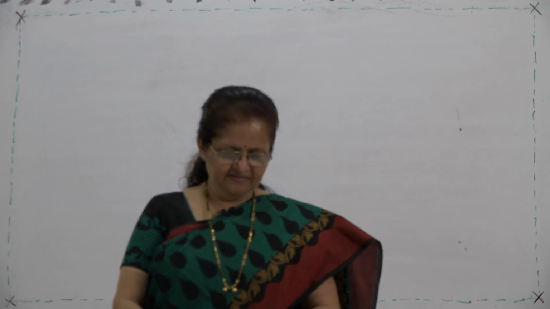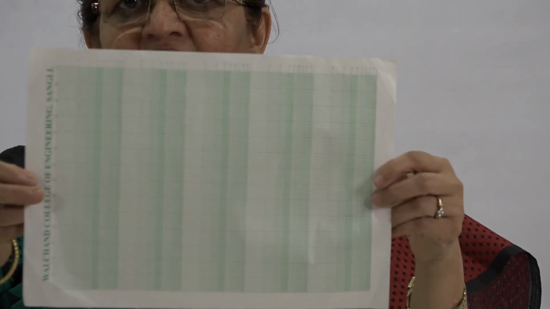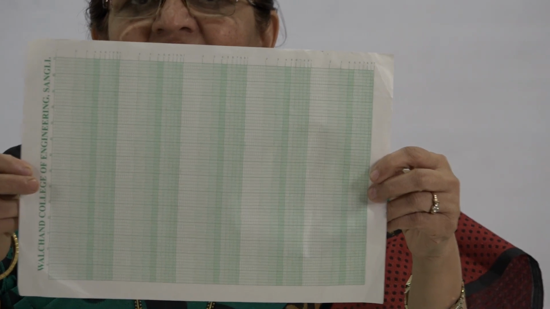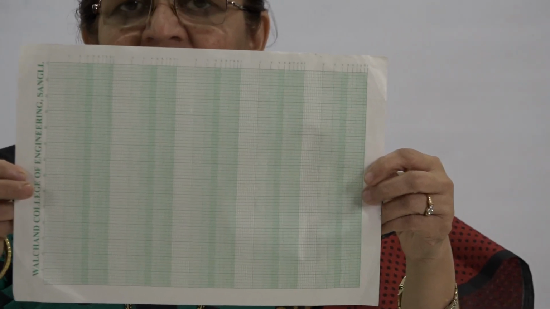So, before going towards solving the problem, once again we will see the semi-log paper. All of you know the semi-log paper, but I am explaining it again. On the x axis you can see the logarithmic scale, that is a nonlinear scale.